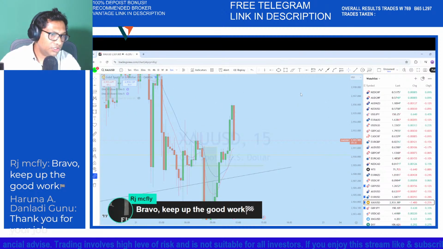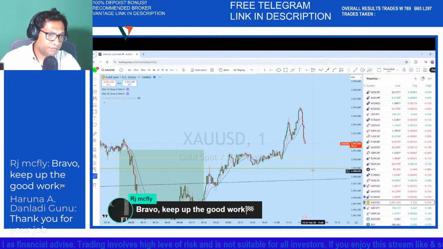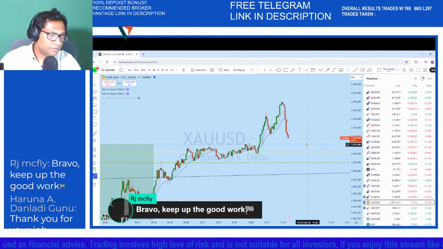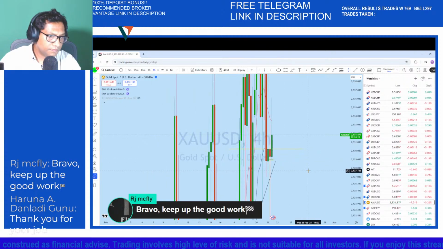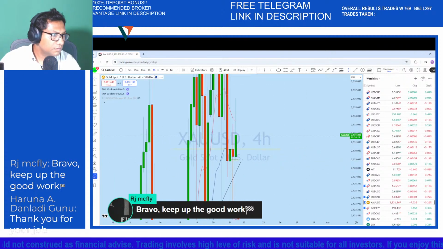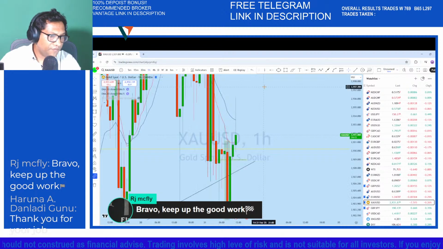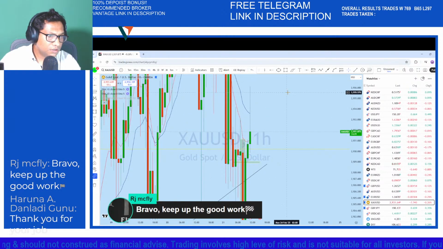Let's look at the 1 minute chart again. We might find a potential entry. This is the 1-hour chart.